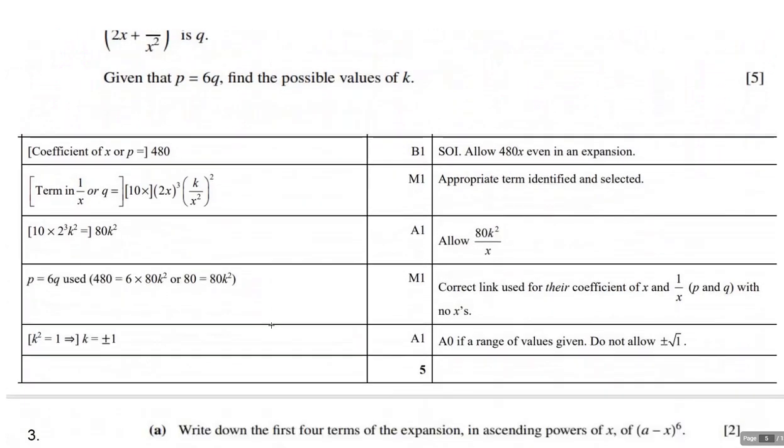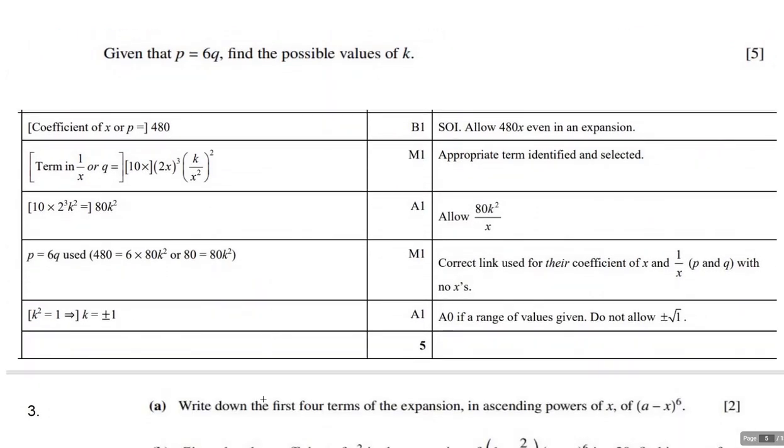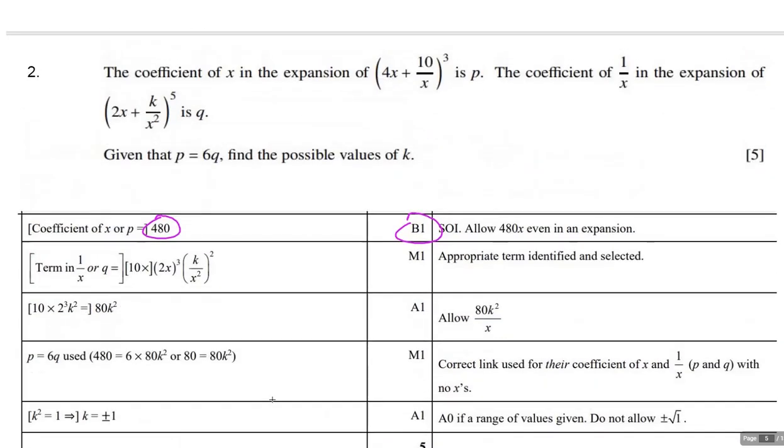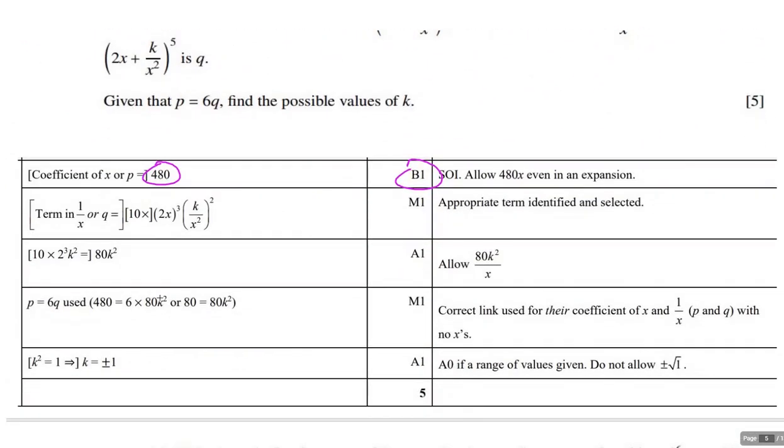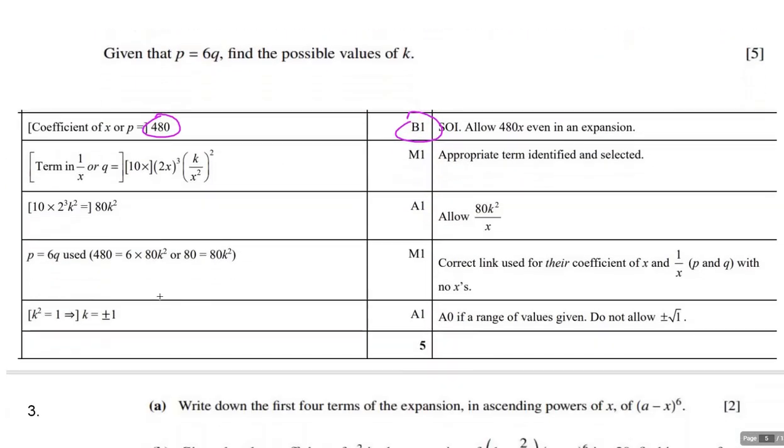Now here's a rubric. Okay, so number one, for this first part, they want 480 to be a P, and there's no real method point. You need to be able to get that. Then what happens is that we do this K. Well, you notice how we've done this 10 times 2x to the third times k.